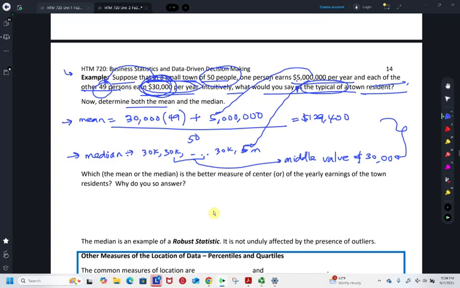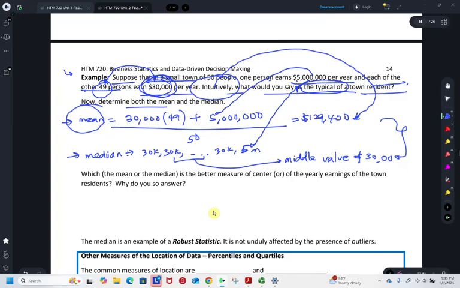Now back to the original question. Our original question was, based on intuition, what is the typical earning of a person in this town? We said 30,000. Does that align with the mean? Can you imagine telling someone who makes 30,000 a year that you did some statistical analysis and that on average the mean amount that person is making is about $129,400?